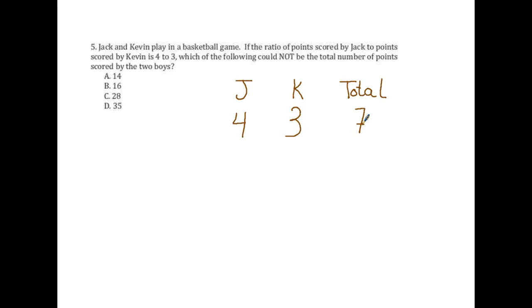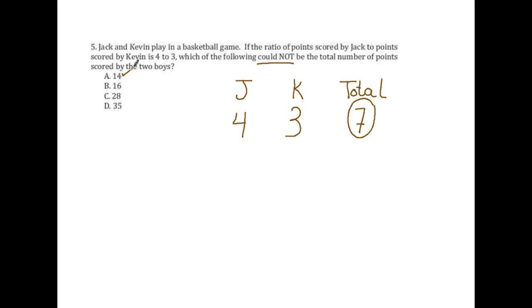Then it says here, which of the following could not be the total number of points? Well, we know that the ratio of the total is just 7, right? So any total has to be multiples of 7. So let's check. Is 14 a multiple of 7? Yes.